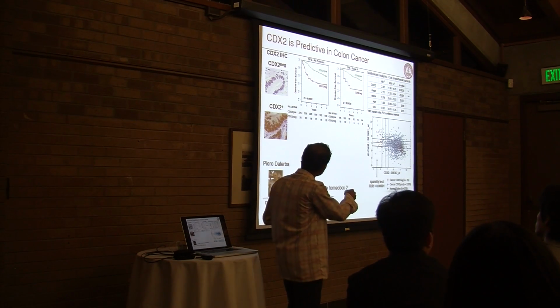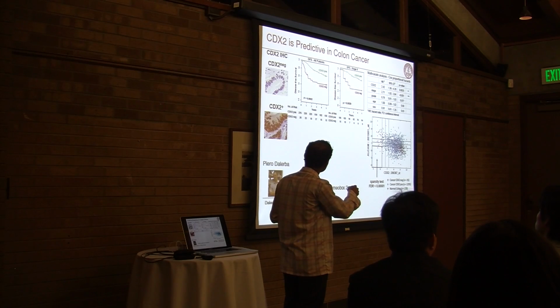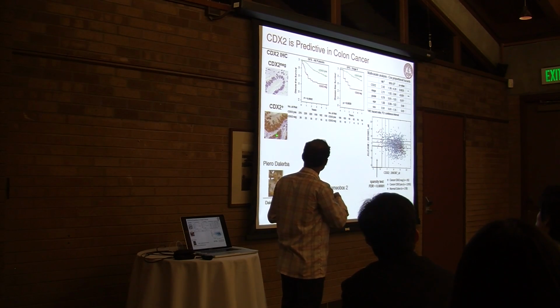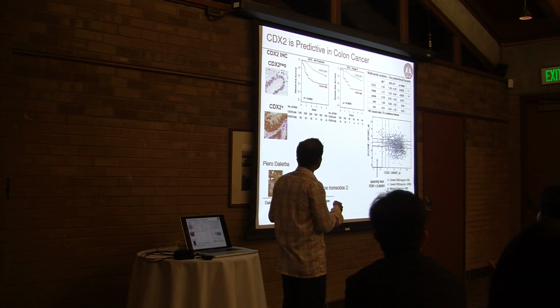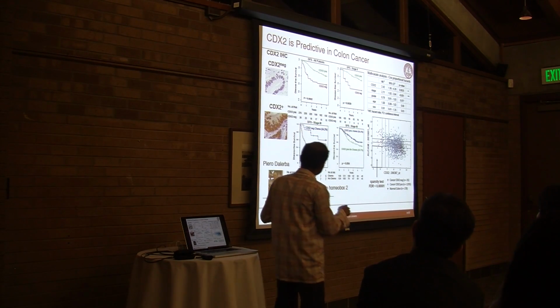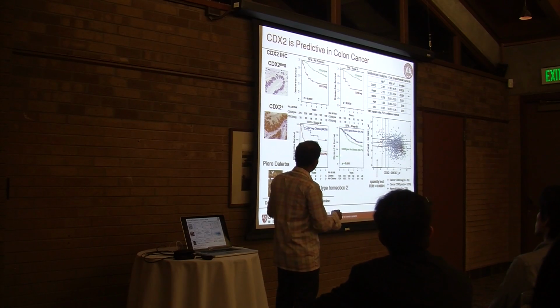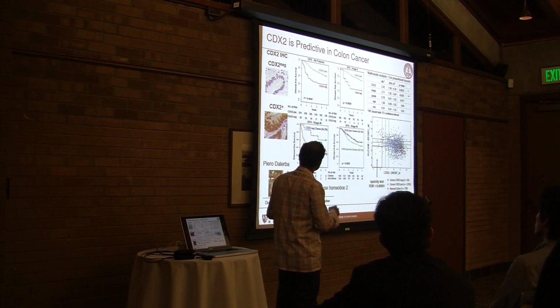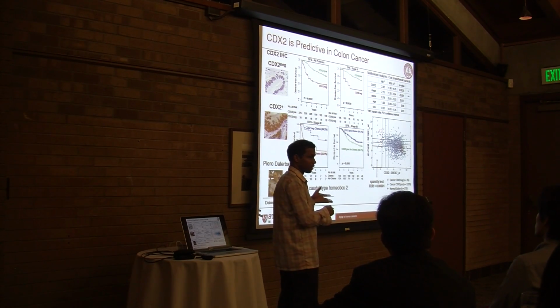But what happens if you look at the stage 2 patients, in the set of patients with CDX2 negative, they have bad outcome. Right? And in stage 3, they all get chemotherapy. So this CDX2 negative patient in stage 3 also has bad outcome. But when you give chemotherapy to these patients, they respond to chemotherapy.